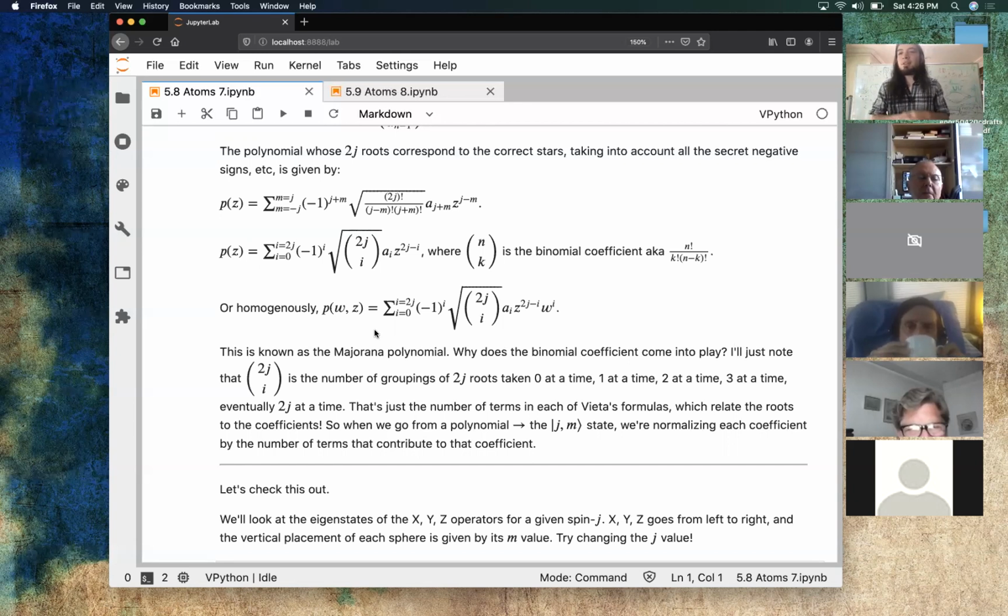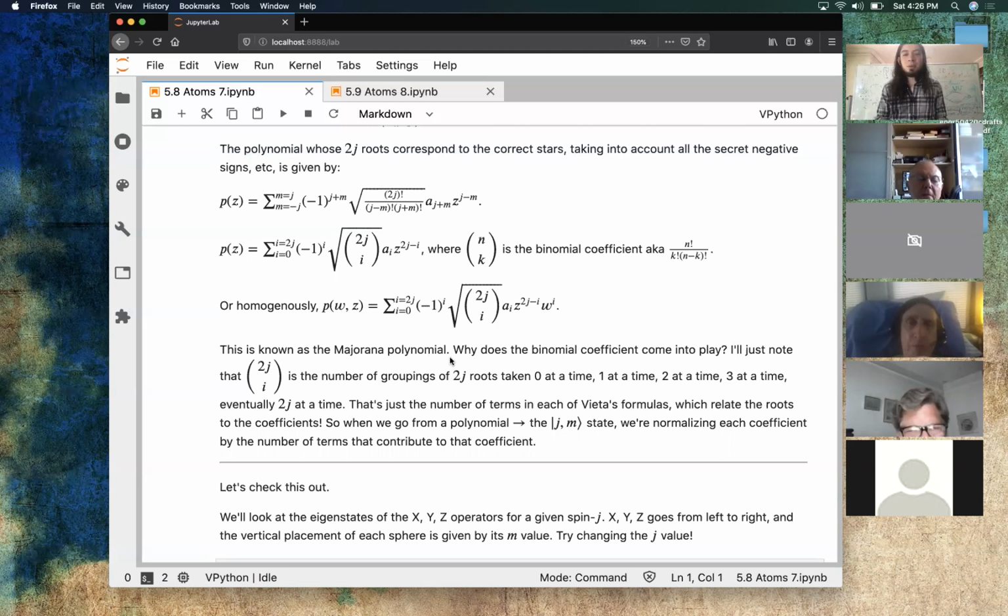The number of terms in each of those formulas is given by the binomial coefficient. So you can think about it like when we go from a polynomial to the JM representation, we're normalizing each coefficient by the number of terms that contribute to that coefficient in Vieta's formula.